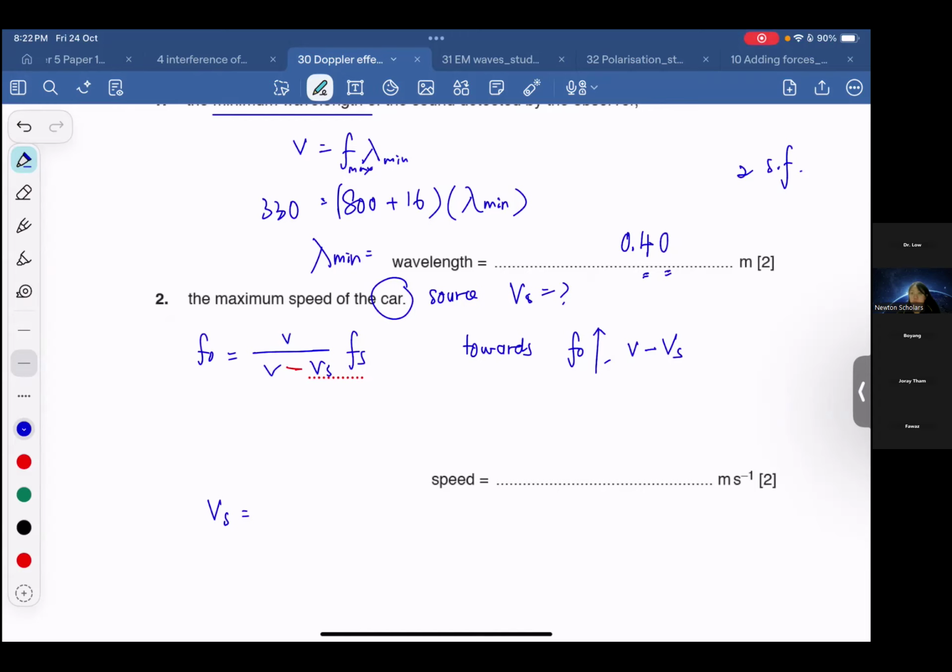Washini, good job. Wesley, why is yours slightly different from mine? Washini is the same as me, but Fawa and Wesley's answers are the same, with a 0.1 difference. Why? Here, my answer: 16 equals 330 over 330 minus Vs, times 800, am I right?